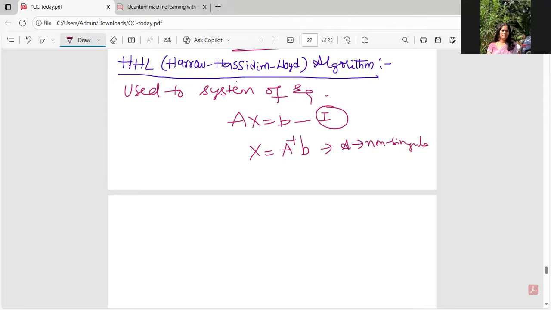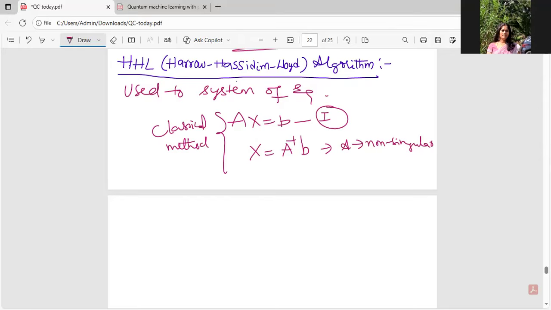If I can find the inverse of A, then I can find X, or solve the system of equations. Of course, I'm talking about the classical method of solving a system of equations.